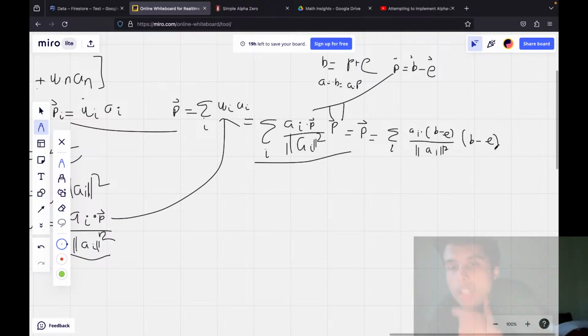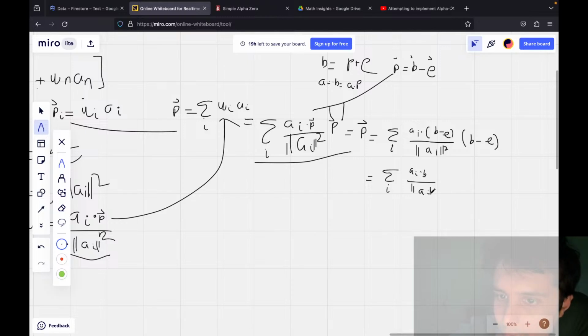Now what we can do here is distribute this dot product. So this equals the summation over i of Ai dot B over Ai squared, times Ai.